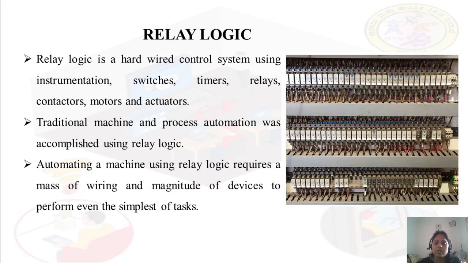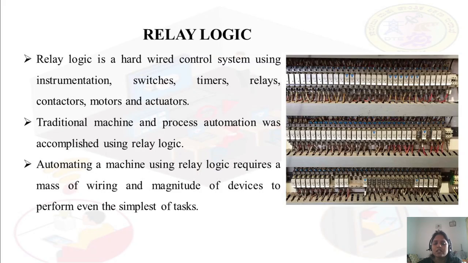In 1968, in the General Motors Hydramatic division, they developed a PLC. Before the advent of microprocessors, all the industrial logic and sequence control were performed using electromechanical relays and solid state relays, contactors, switches, indicator lamps, and electronic and mechanical timers and counters.